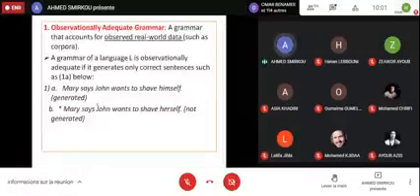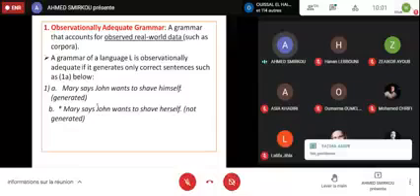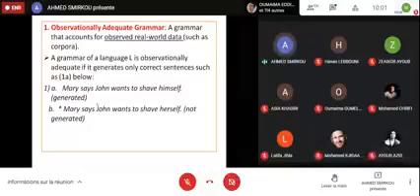Is it clear? Observationally adequate grammar is very simple because it's the first step towards explanatory adequate grammar. So observationally adequate grammar considers only the linear structure. The internal arrangement of words should be correctly structured, and there should be no error in terms of the meaning.